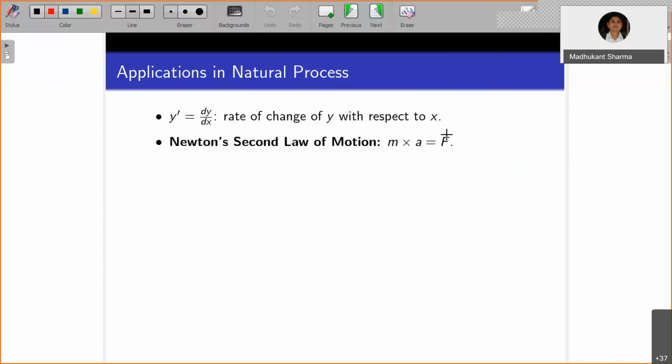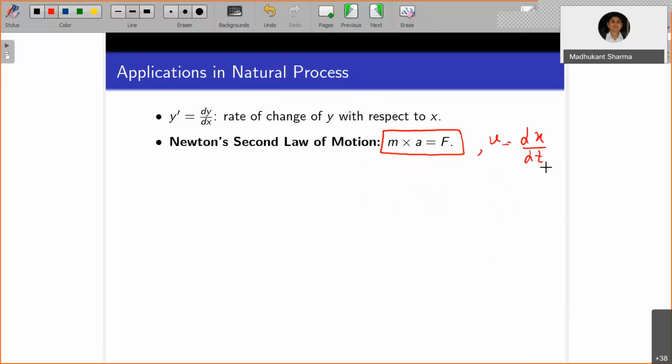Now the very first application is Newton's second law of motion, which is given by mass into acceleration equals total force. This is part of your physics, so I don't think it needs to be explained much here.